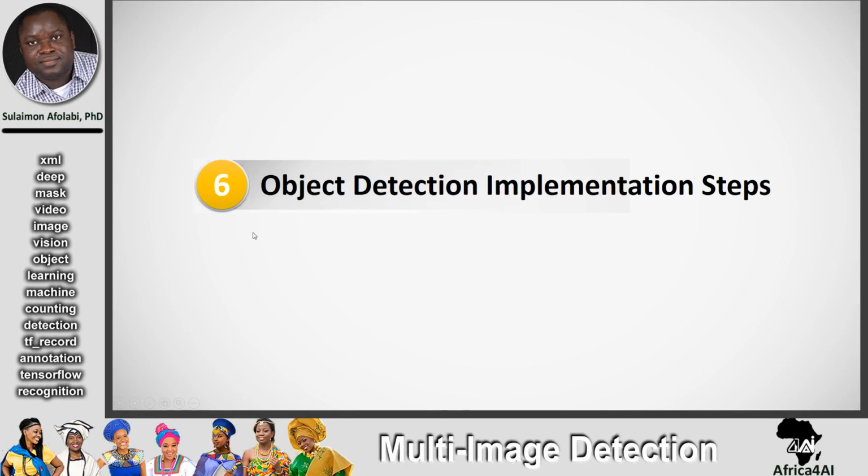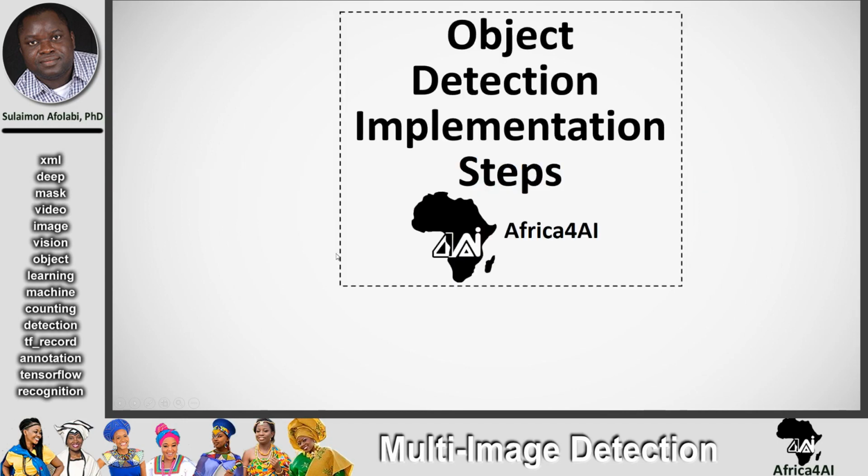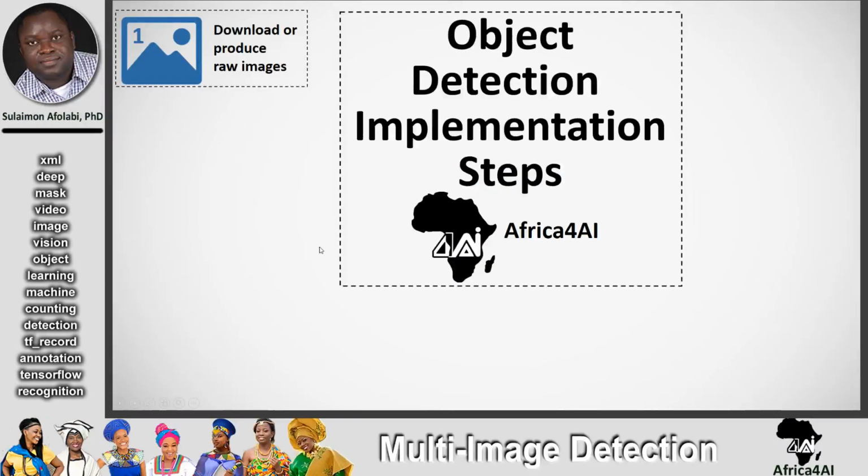object detection implementation. So the question that you may want to ask is, how can I implement this? How can I use this for my project and to serve my purpose? All right, so here are the steps. The first one is to download or produce raw images.